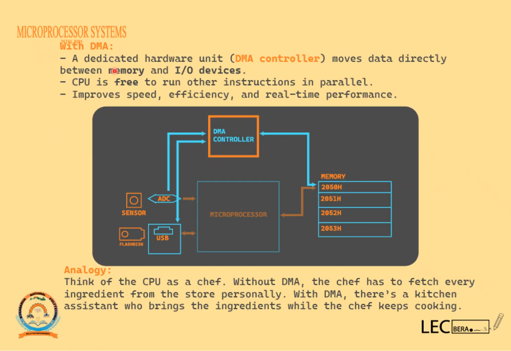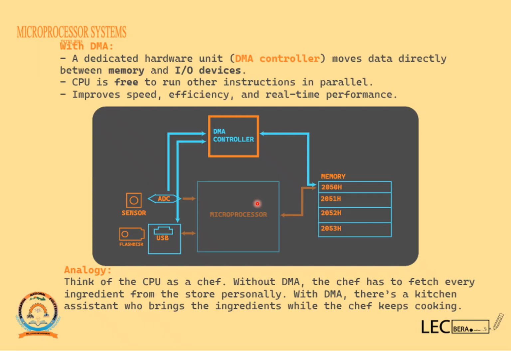So with DMA now, we are going to have a dedicated controller, another IC, which is going to handle the task of transferring data between the input-output devices and the memory. So you see here the microprocessor is not going to be engaged in handling this. It's going to be free in the background, maybe handling other activity at that moment.